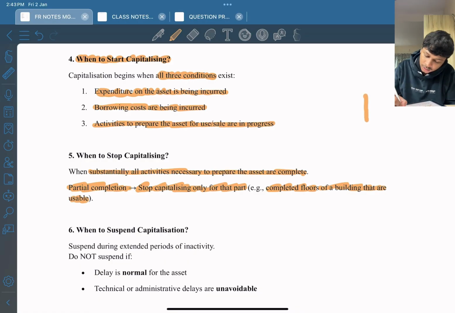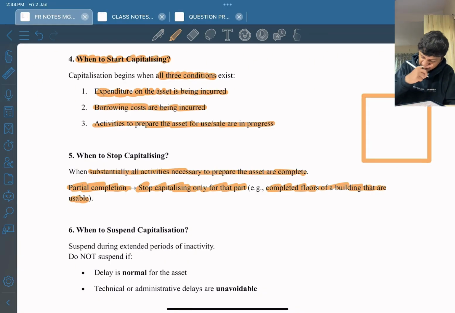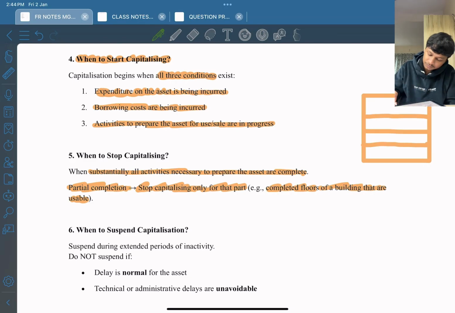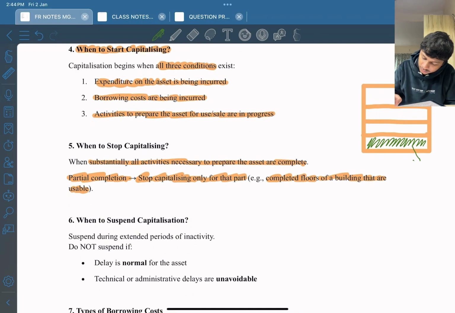I have been constructing a building, and let's assume it has 3 floors. Now I have completed this floor. It is ready, so I'll stop capitalizing interest for this part, and I'll still be capitalizing the interest for these three floors. So this is the meaning of the second point.